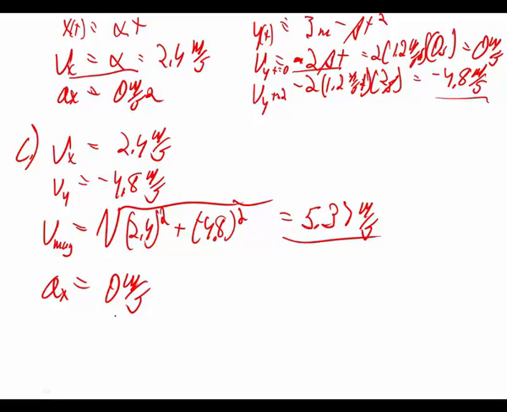All right. Okay, so we got to do what to this right here? We got to take the derivative again, and so the acceleration in y is equal to what?